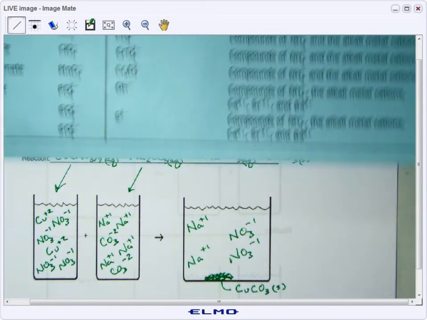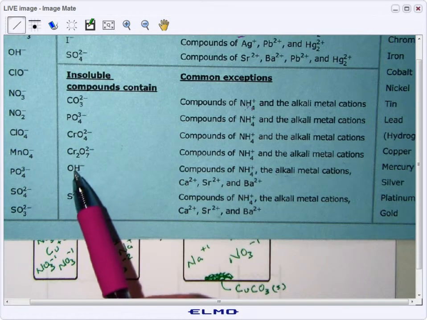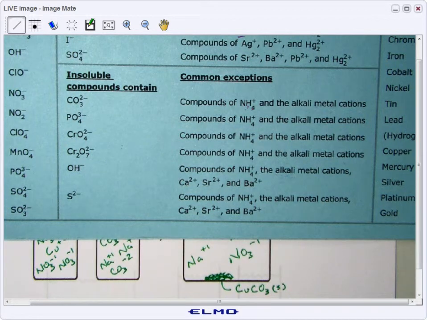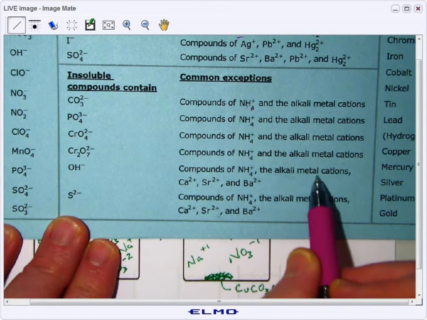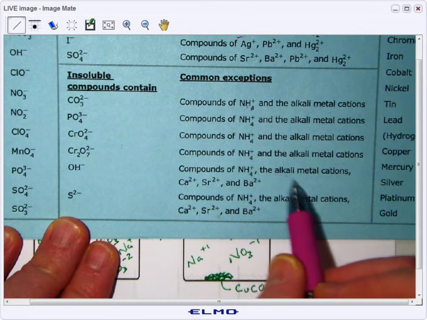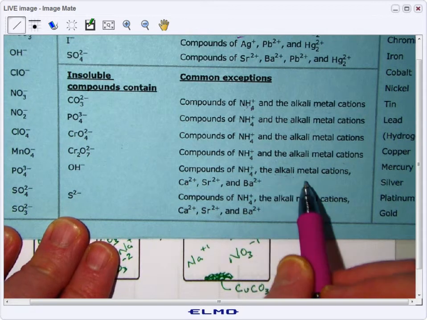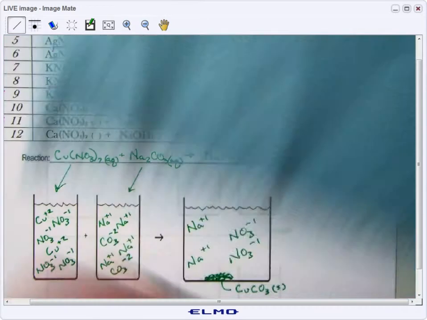KOH, I find my hydroxides right here. They're generally insoluble. Most of the time they will be an S. However, K is an alkali metal. Do you remember which column on your periodic table is the alkali metals? Good, the first one. Right.